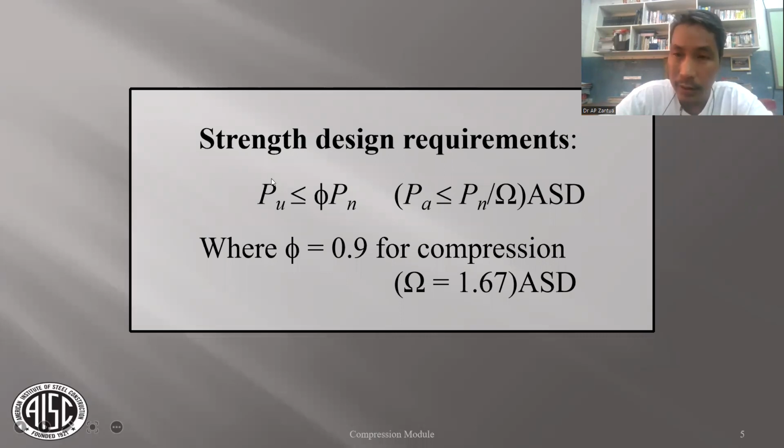This is our design stress or design force. So P meaning force. In civil engineering, P represents force. So this is in terms of Newton or kilonewton. So as you can see, ASD, I will explain in the next module what we mean by ASD.